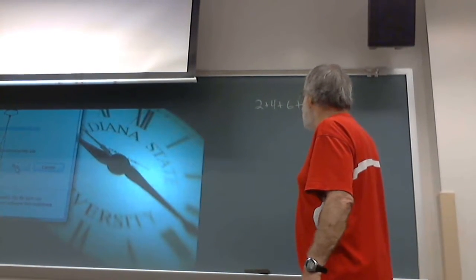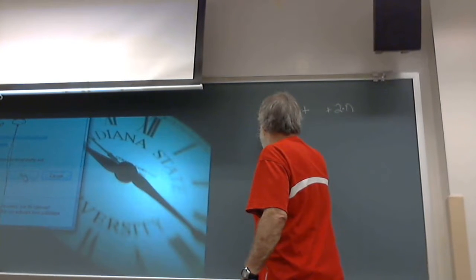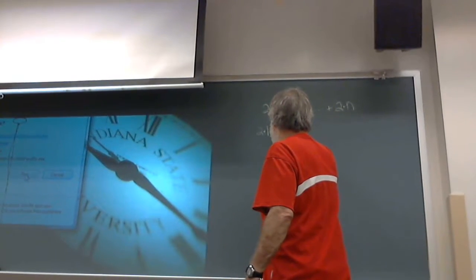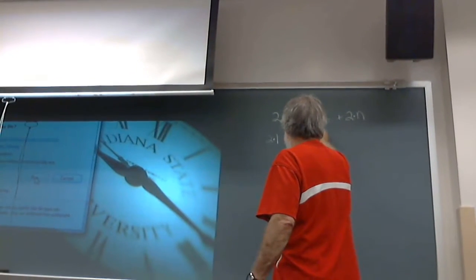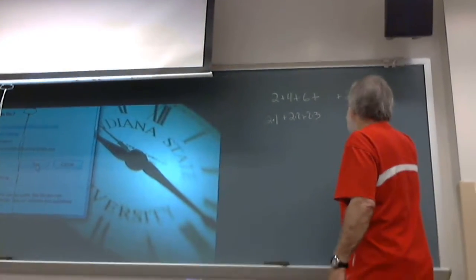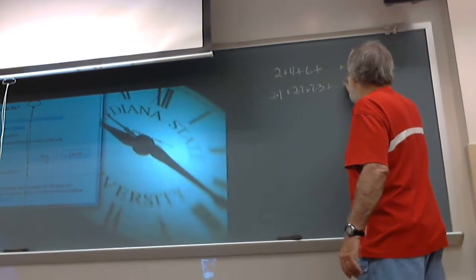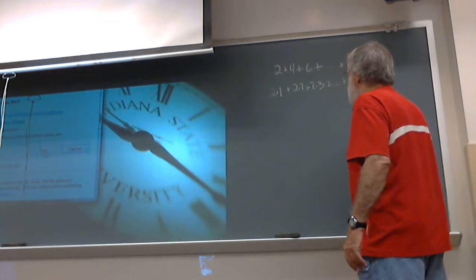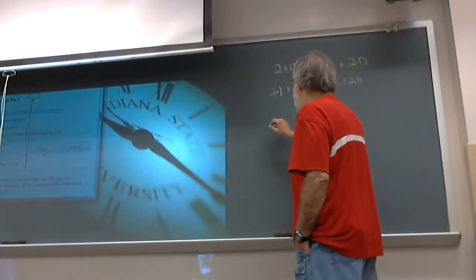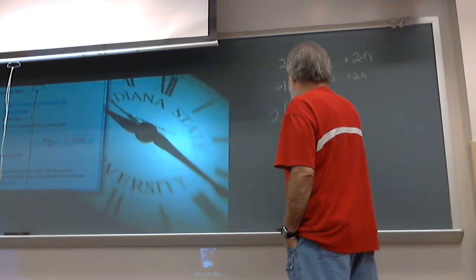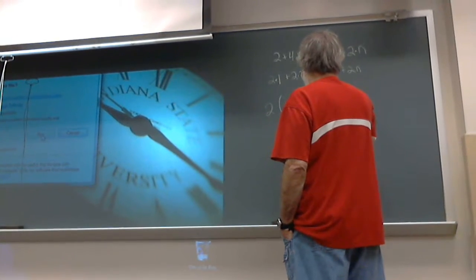So what's happening is we've got 2 times 1 plus 2 times 2, that's what the 4 is, plus 2 times 3. So this last thing is kind of giving it away that that's what's going on, plus ... plus 2 times n. So what's going on here is that this really is 2 times 1 plus 2 plus 3 plus ... plus n.